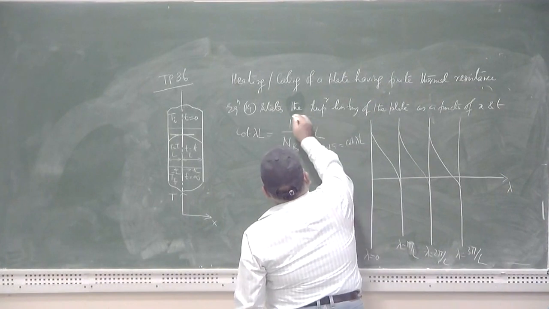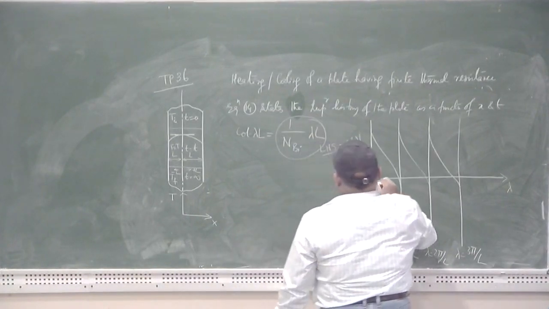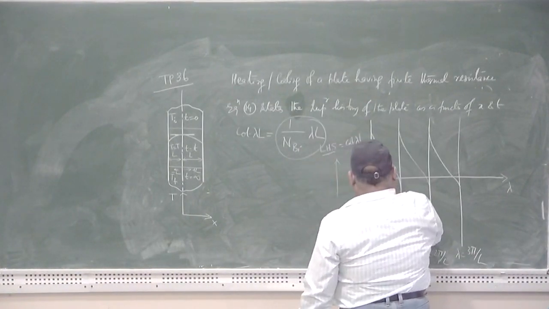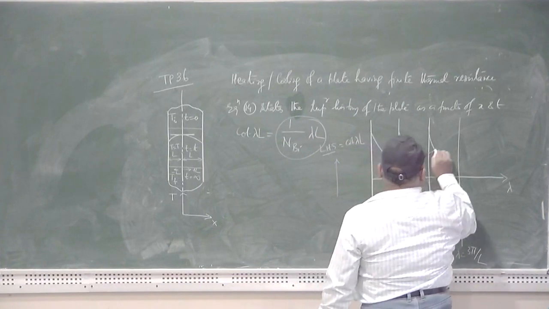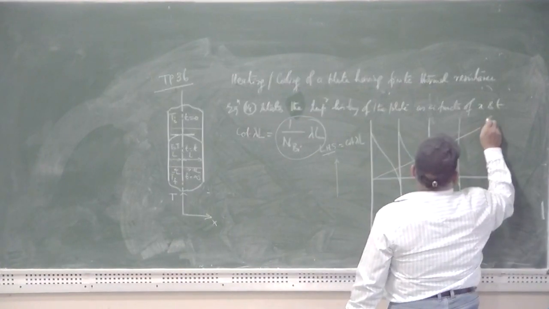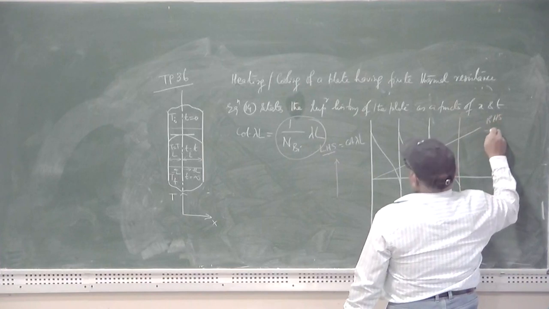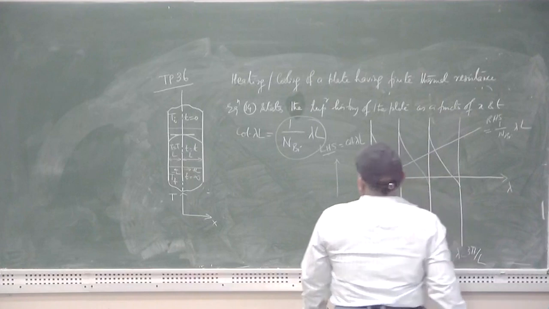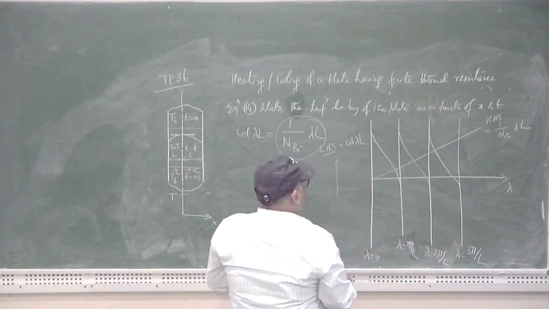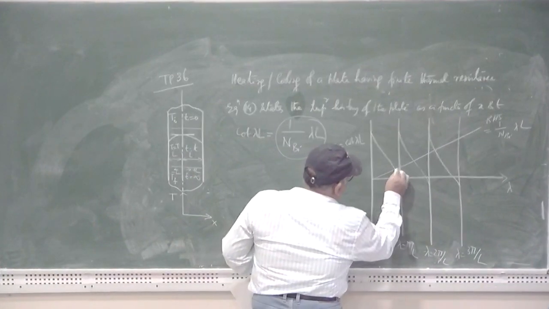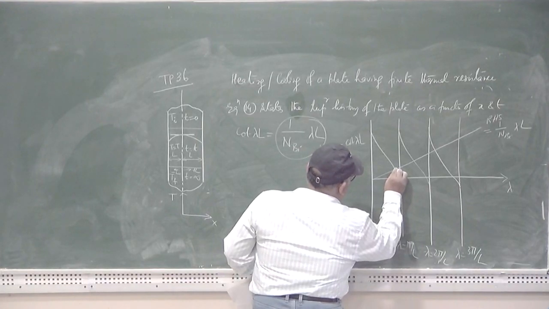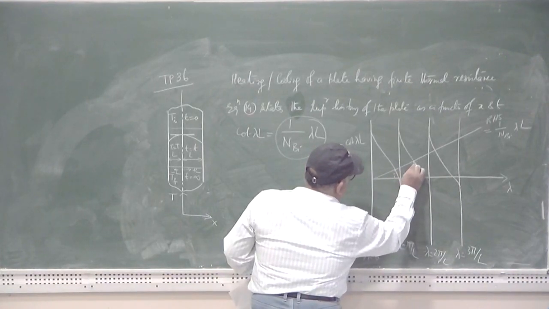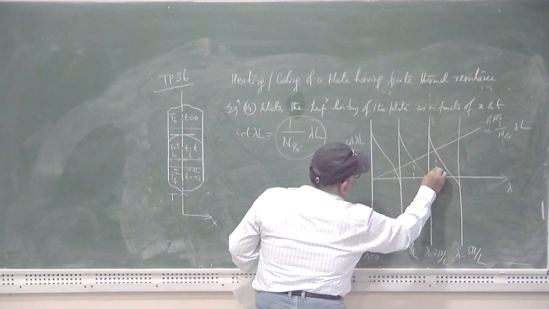If you put the right hand side here, this will represent a straight line. This is the right hand side, that is equal to 1 by Biot number into lambda L. This will cut all these curves at a point. Take the perpendicular from this cut point.